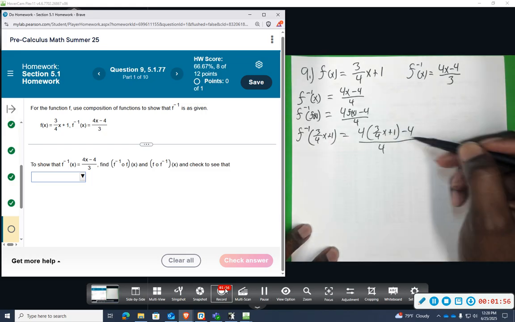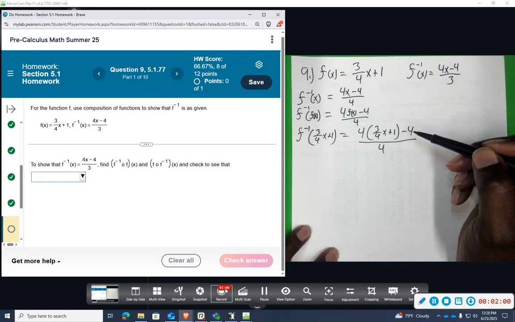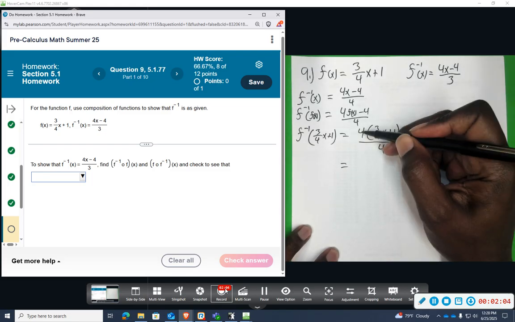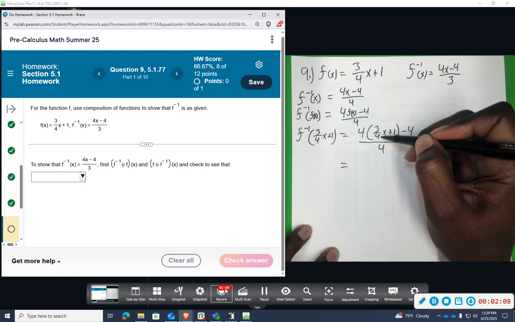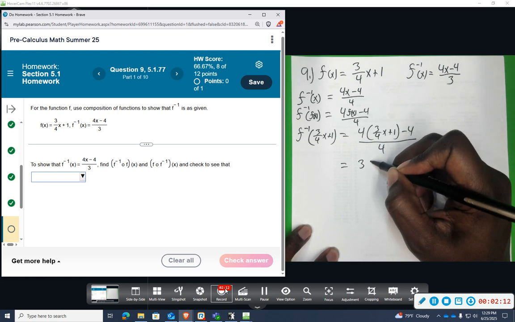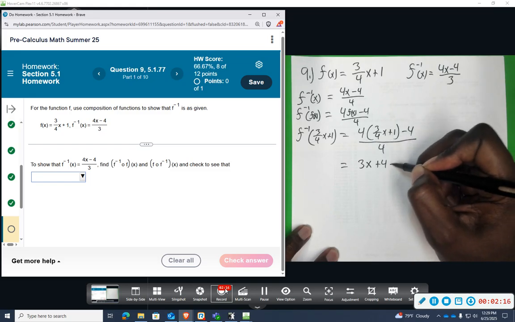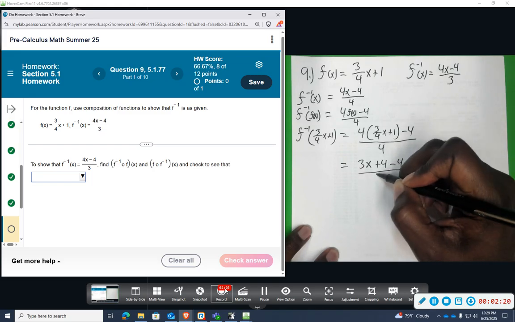And then we will start simplifying. I can distribute this 4 through the parentheses. When I multiply by 4, the numerator, I'm going to get 3x plus 4, and I'll have the minus 4 all divided by 4.